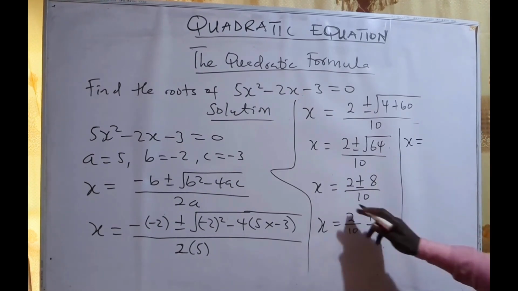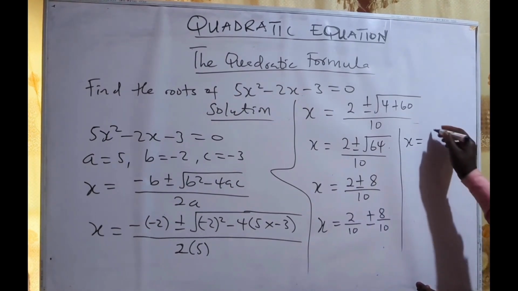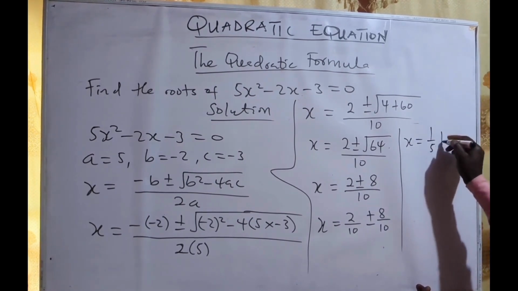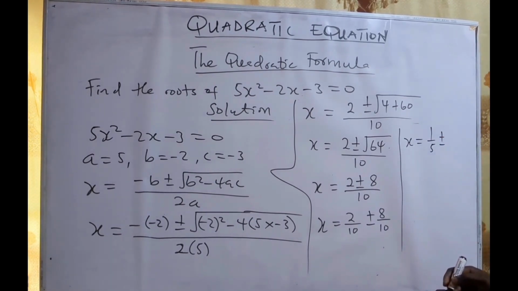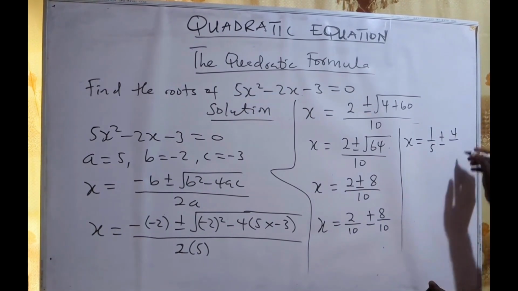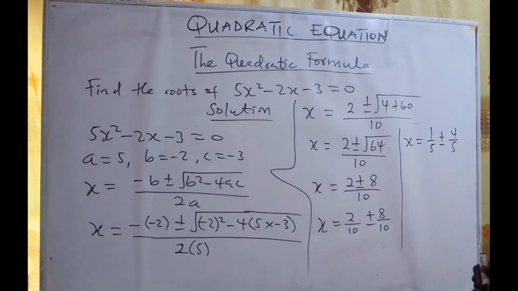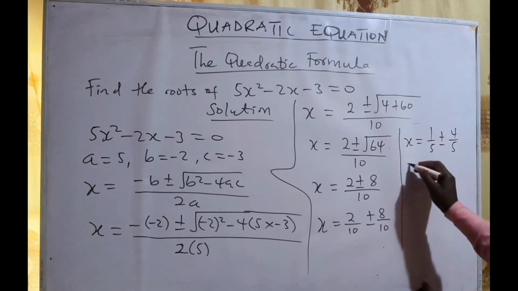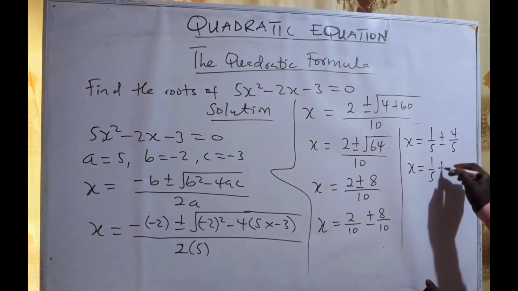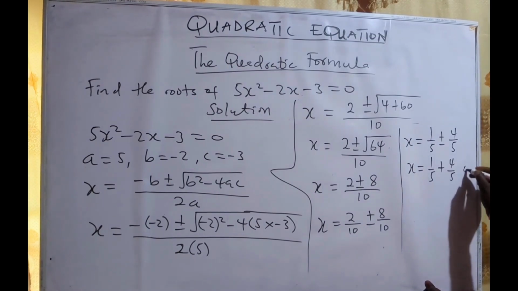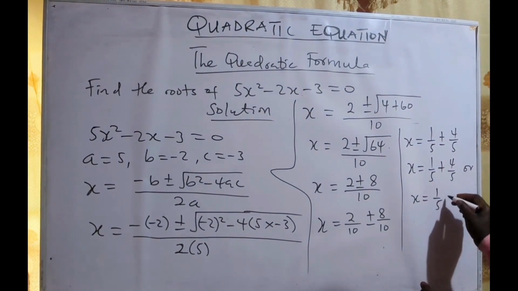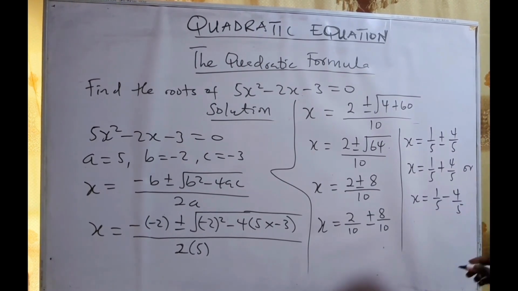My x is now equal to 2 over 10, which will give me what? 1 over 5. 1 over 5 plus or minus 8 over 10, which will give me 4 over 5. Alright, so this is what I'm going to have. So either my x is equal to 1 over 5 plus 4 over 5, or my x is going to be 1 over 5 minus 4 over 5.